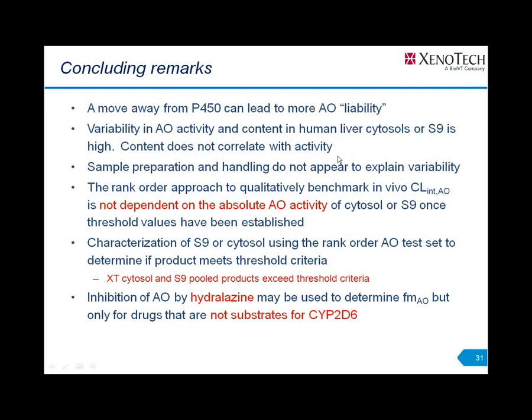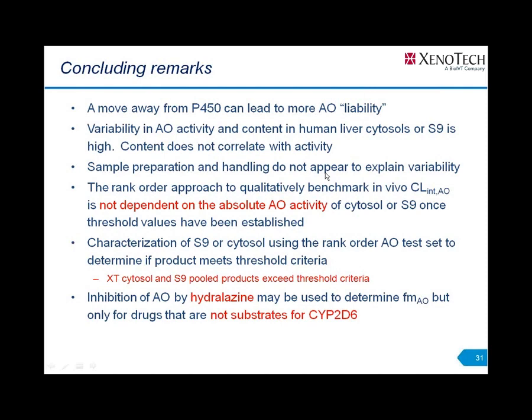He also discussed the variability in AO activity, and that it doesn't necessarily correlate with the content of the enzyme in the particular subcellular fraction, or it doesn't even necessarily correlate with the expression of that enzyme as well. So there's high variability in these subcellular fractions, and content doesn't necessarily give you a good picture of what your activity would be.